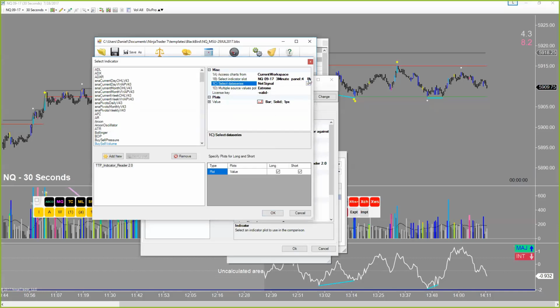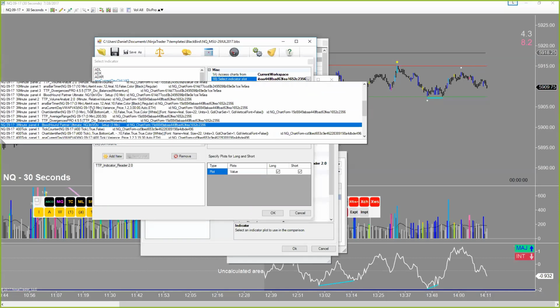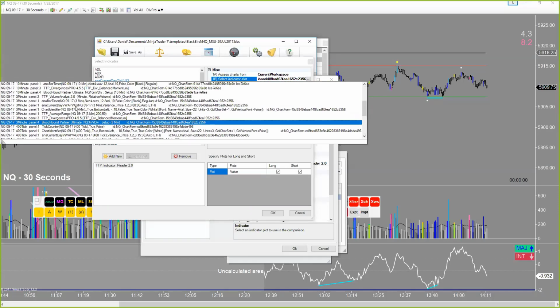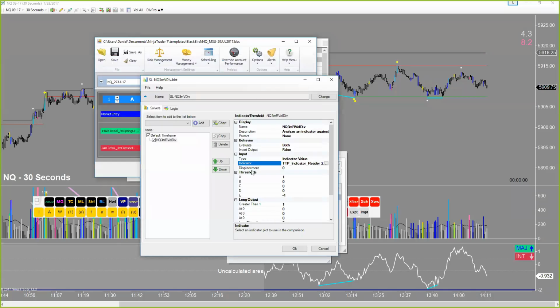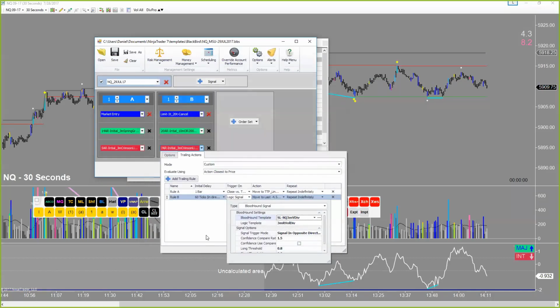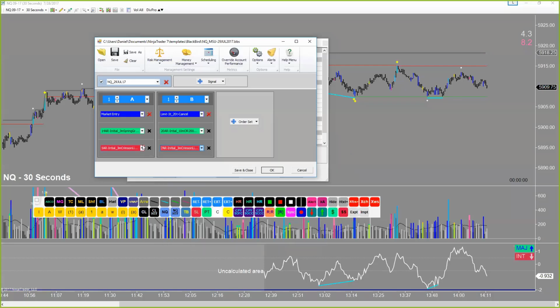This is actually giving you a list of all the different indicators on all the different charts, and then I'm attaching it to one, which is not possible on any other platform. This is what makes this stuff so amazing. Being able to access all the different values of all the different indicators, whatever we're using, from any of the different charts. It's really pretty amazing.